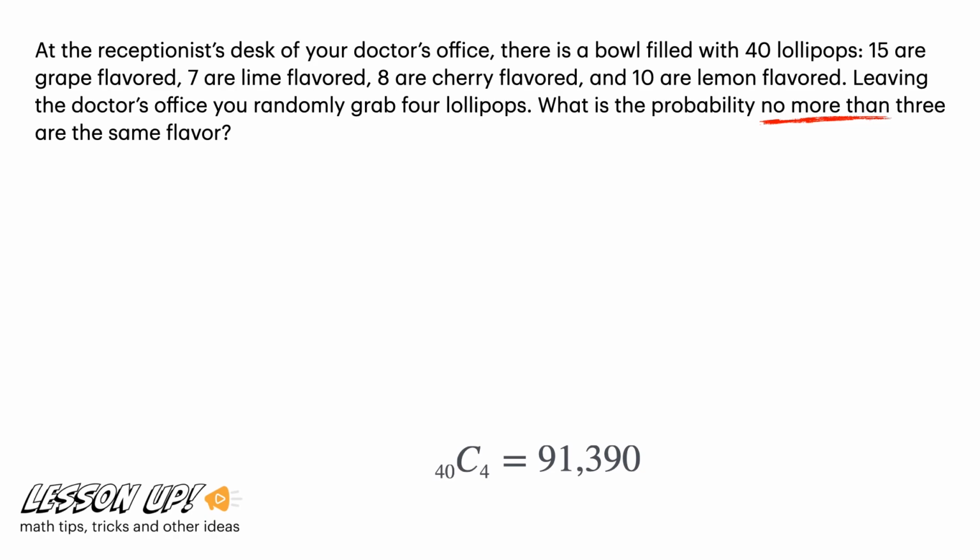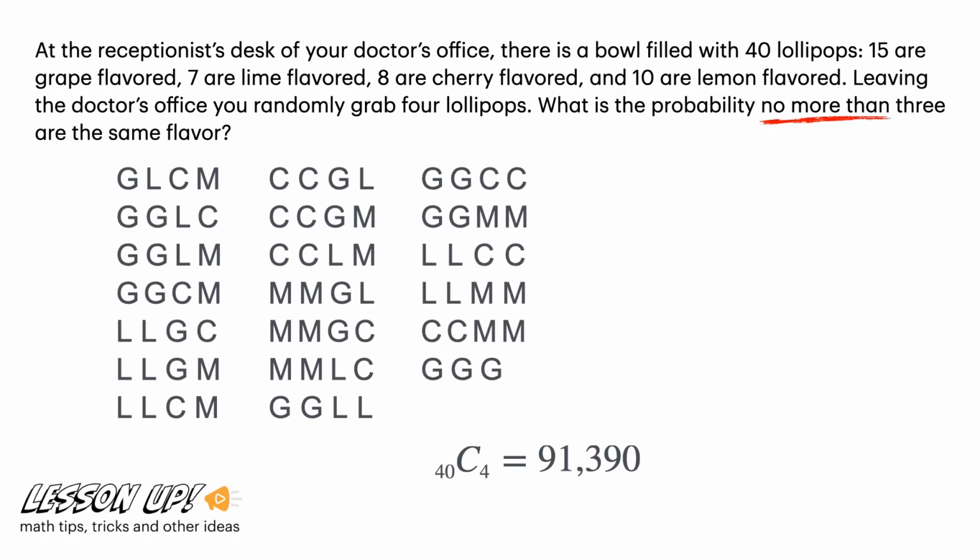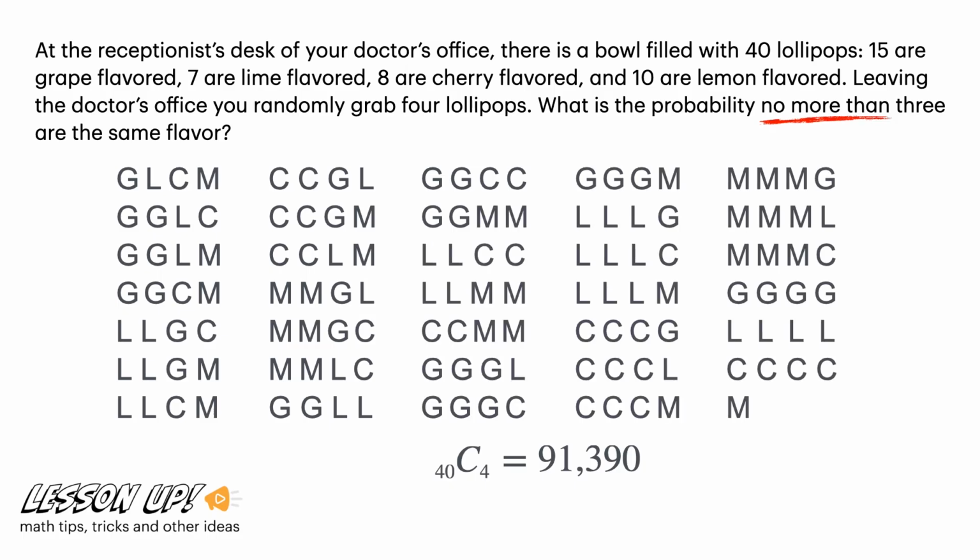Again, students know that there are 40 choose 4 ways of selecting 4 lollipops, but there are 35 different outcomes of grabbing the 4, in which 31 have no more than 3 flavors. Though it is possible to list all these outcomes, as we can see, it's very impractical and certainly not necessary. The complementary phrase "no more than" should keep students from pursuing this route.